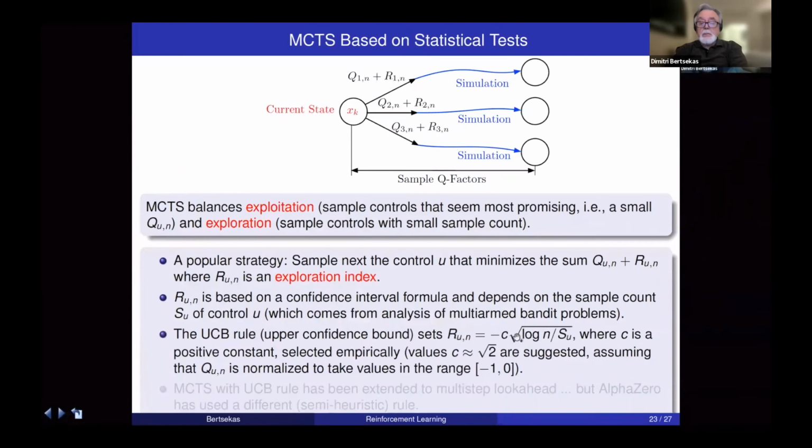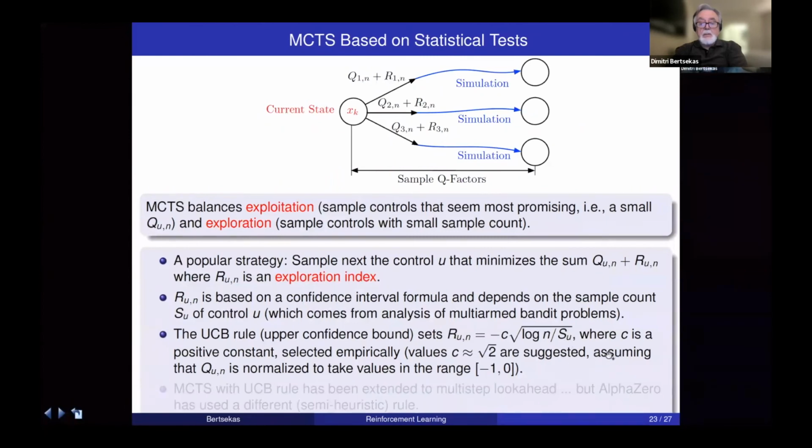And the formula is this expression. It depends on the number of samples. It depends on S_U, which is the sample count of control U. And it depends also on a constant. The multi-arm bandit analysis suggests C equals square root of 2.